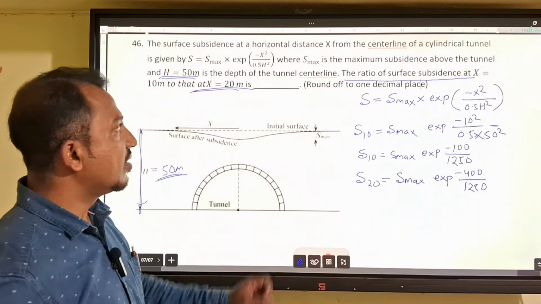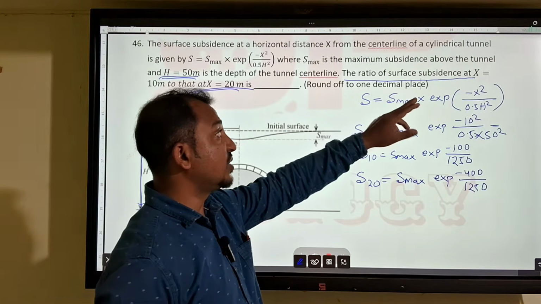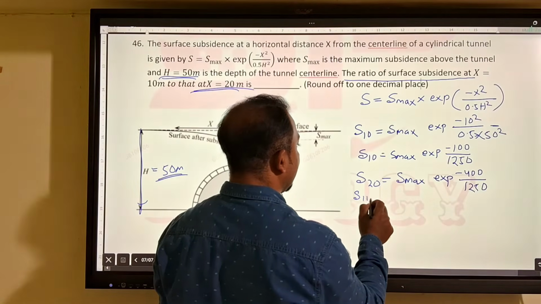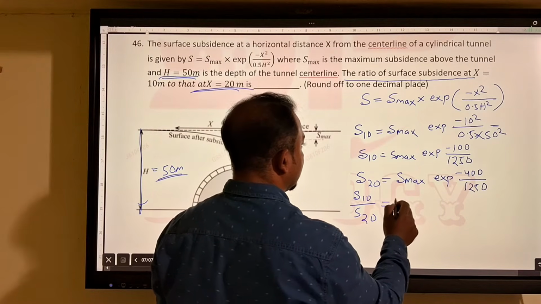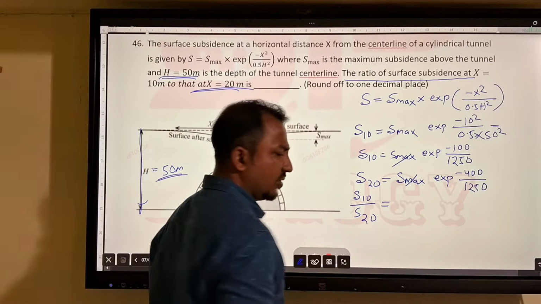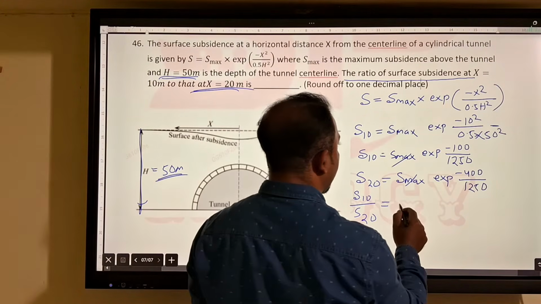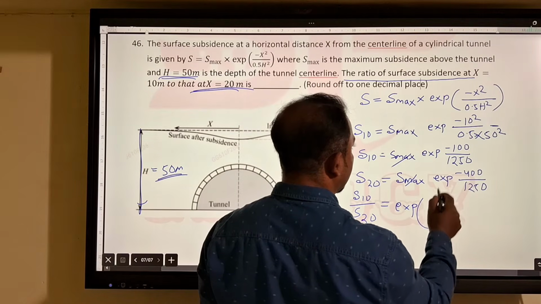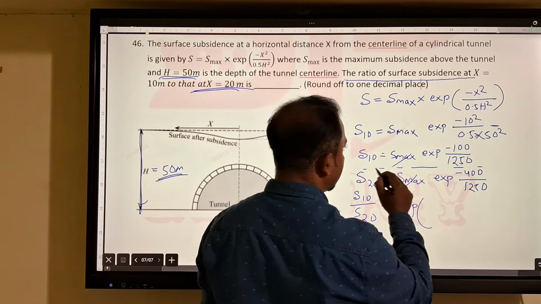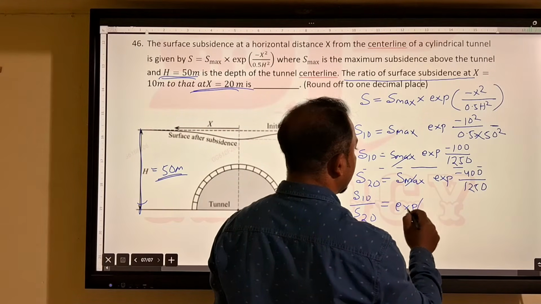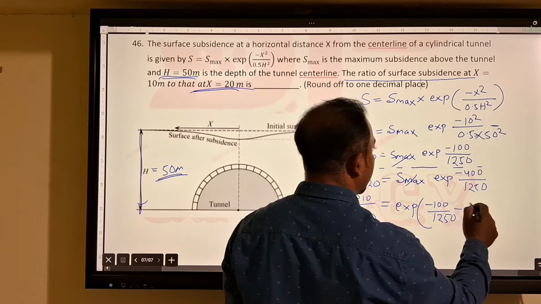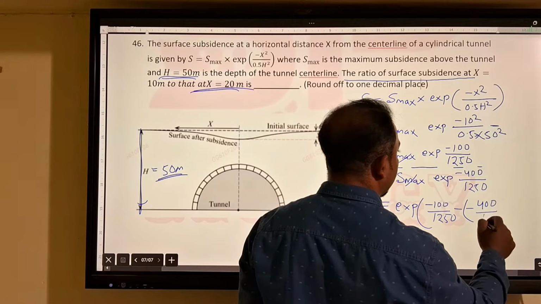Now we have to calculate the ratio of surface subsidence at x equal to 10 to that at x equal to 20. That means we will take s10 divided by s20. The s max will cancel each other. Then there will be division, so it will be exponential of minus 100 divided by 1250 minus of 400 divided by 1250.